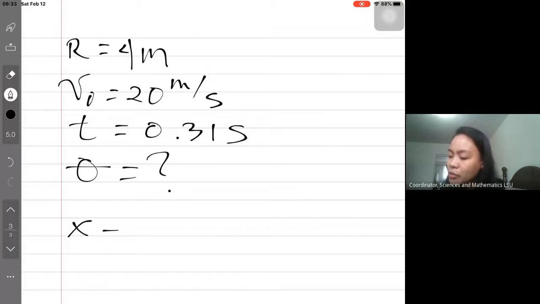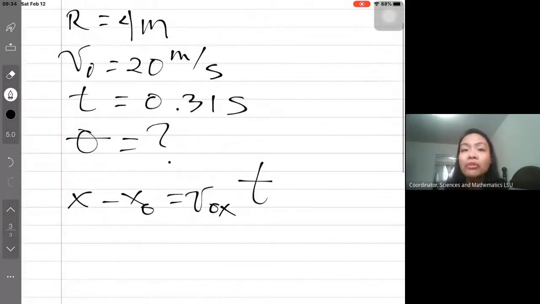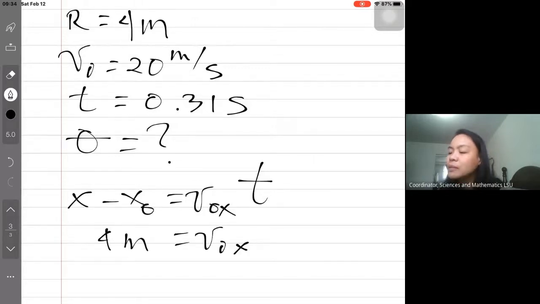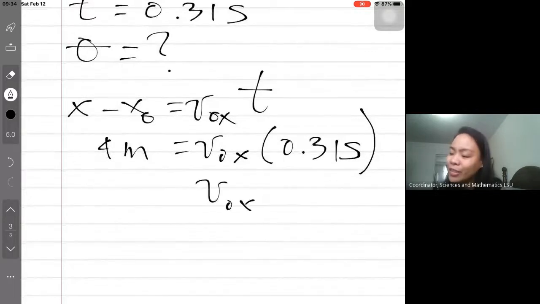We can use the formula x minus x sub o is equal to v sub o x times t, and x minus x sub o again is our range. So we have 4 meters is equal to v sub o x times the time, 0.31 seconds. Use your calculator, guys, in solving for v sub o x.